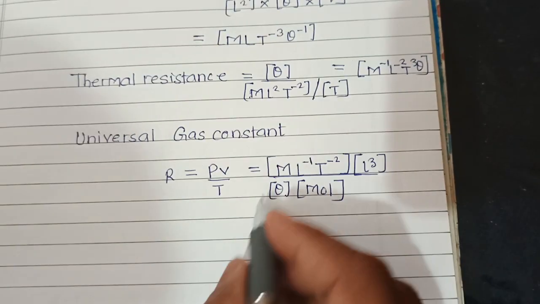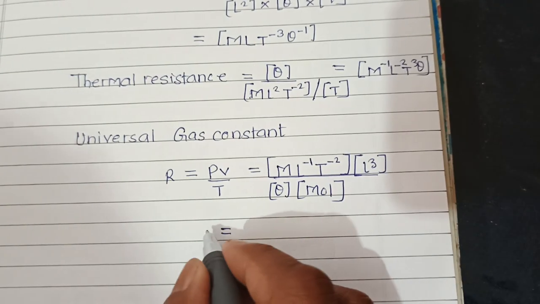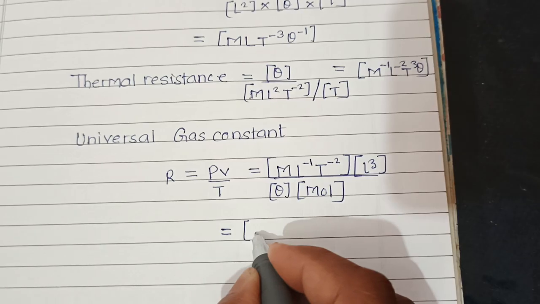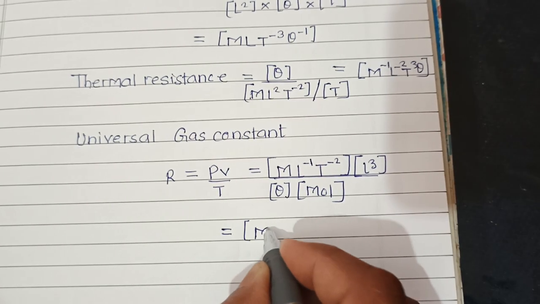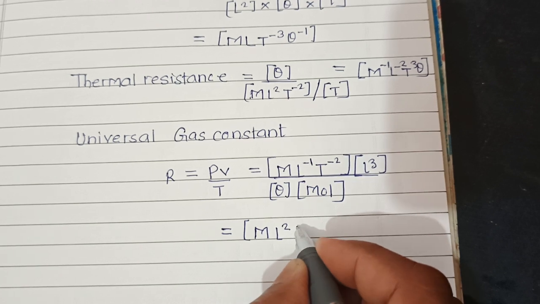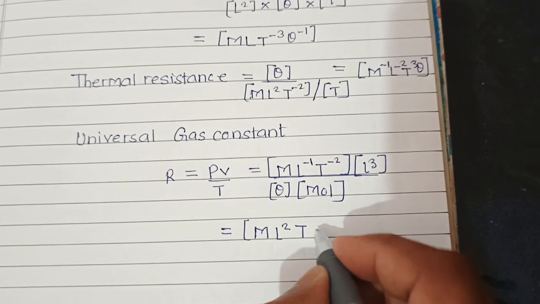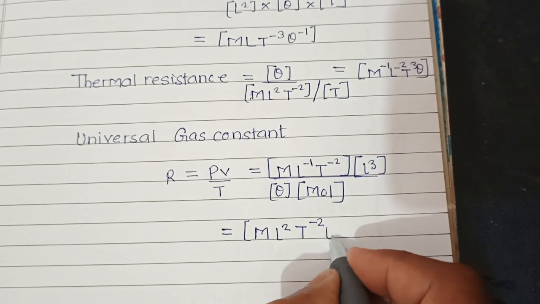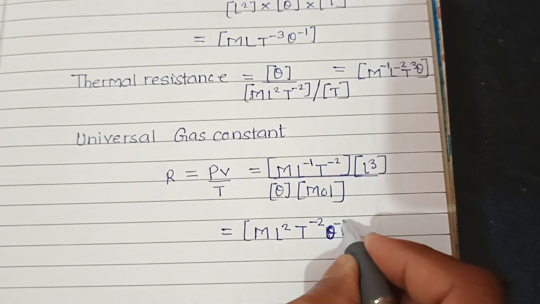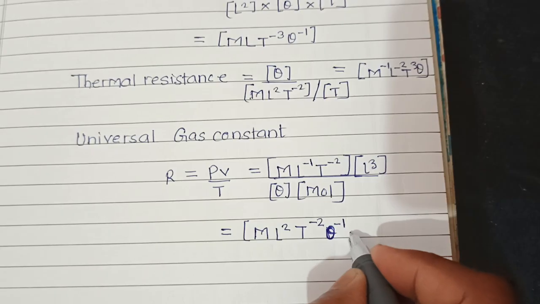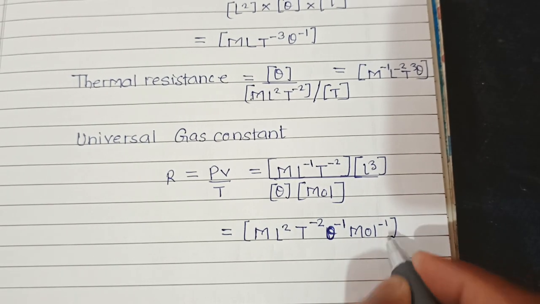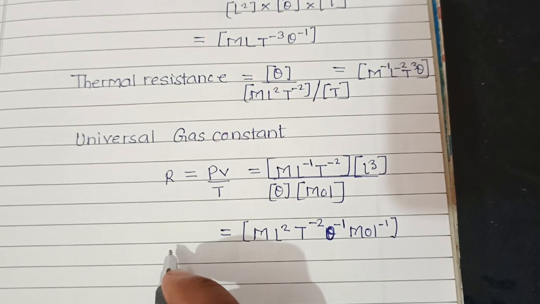So the dimension is m l square T minus 2 theta minus 1 mole minus 1. Okay.